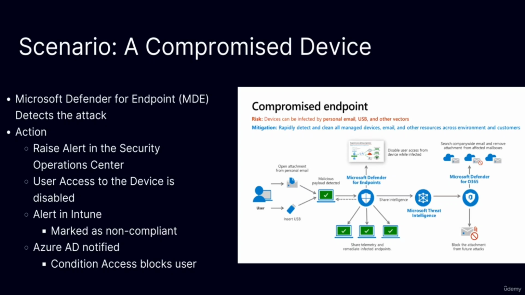And what the security team can do is use this alert to identify which user and which device is actually infected. And then even remotely, they can disable the user's access to the device or completely disable the device so that the malware cannot do lateral movement and infect other devices.